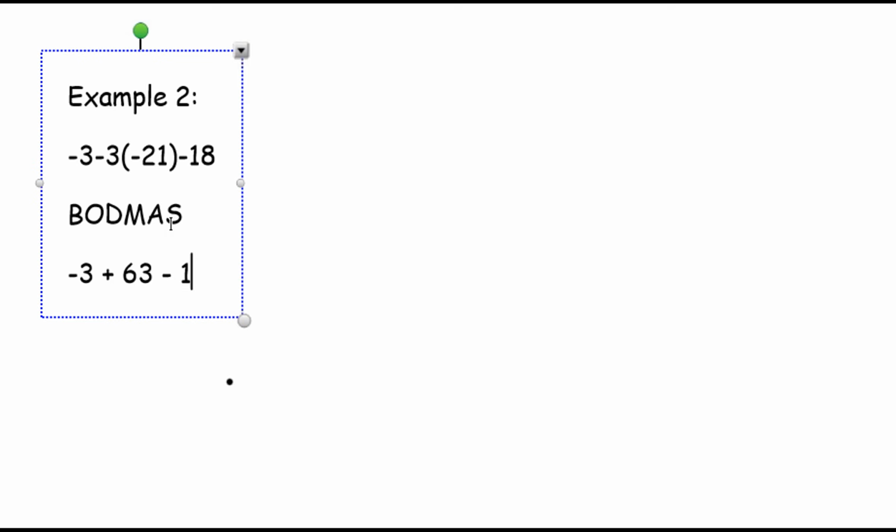Minus 18. Still remember our BODMAS: brackets, of, division, multiplication. There's no multiplication, but there's addition and subtraction. So we'll say 63 minus 18, which is what? I will bring my minus 3 down. 63 minus 18 is what? 45.